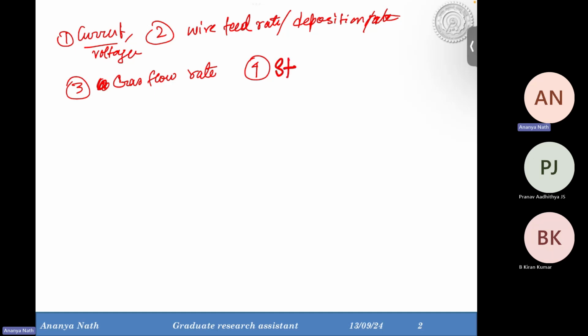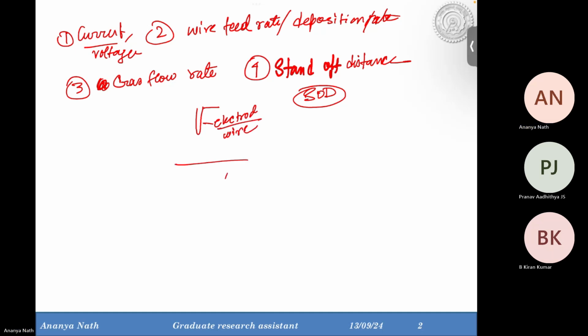What do you feel about the stand-off distance? Here is the electrode, meaning our wire, and this is the substrate.